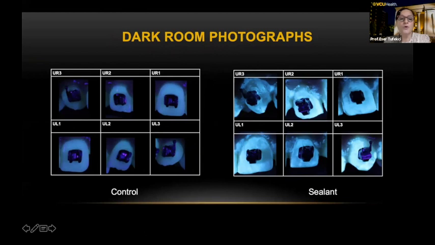The control group, as you can see, has nothing shining because the control product doesn't have any fluorescent agent, as opposed to the right, where you see the sealant. In this case, you will see shiny surfaces, shiny areas. That means the primer, the sealant, because Opal Seal is used both as a primer and sealant. So if there's a shiny surface under the black light, then there is product on the tooth surface.